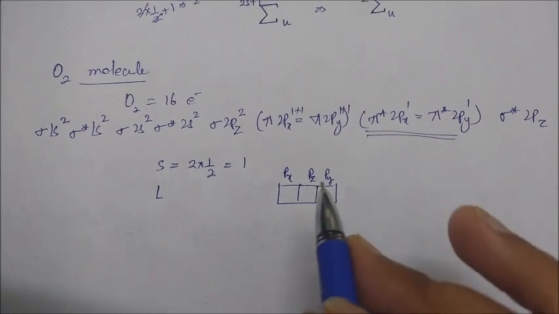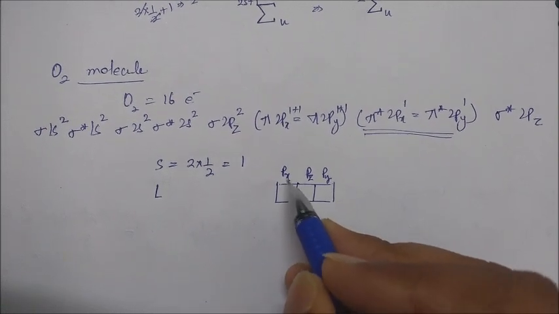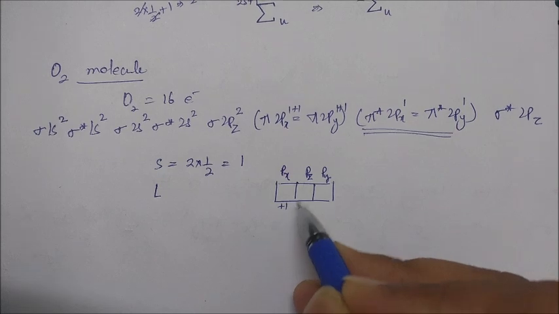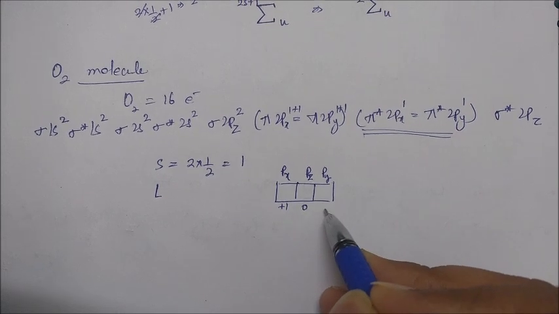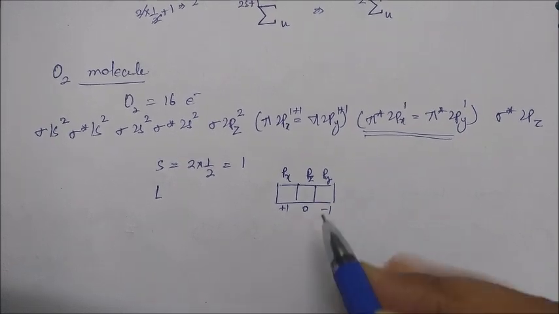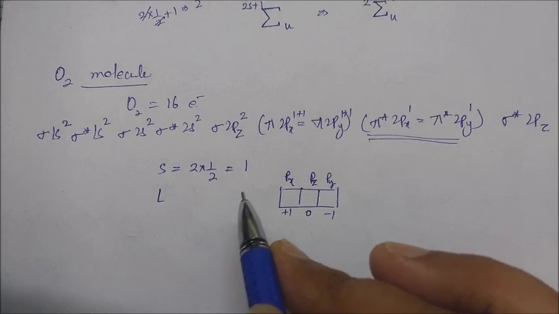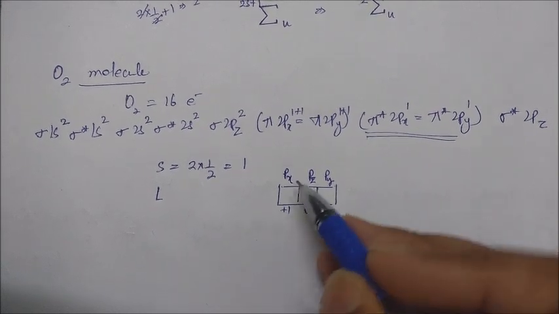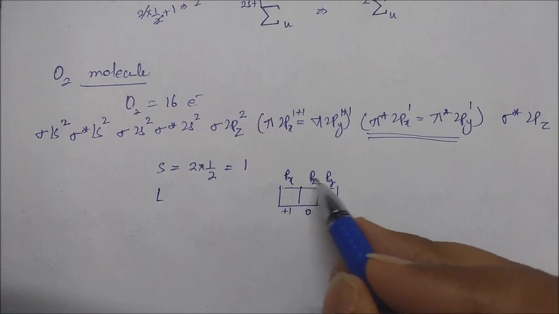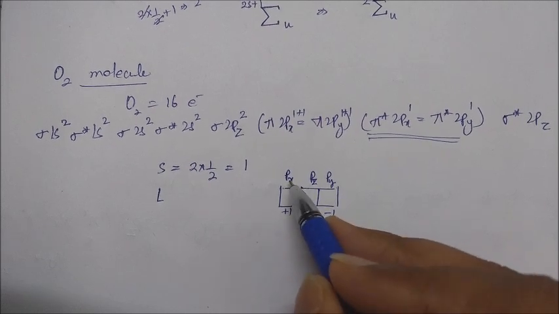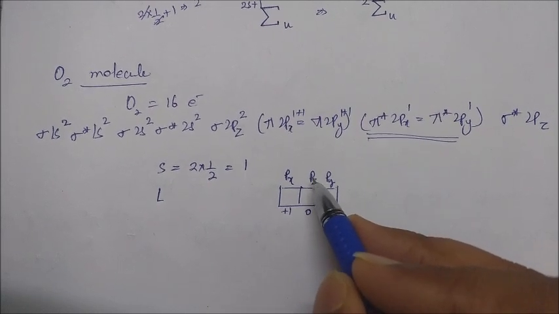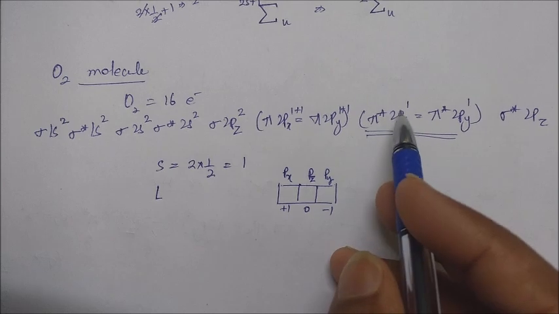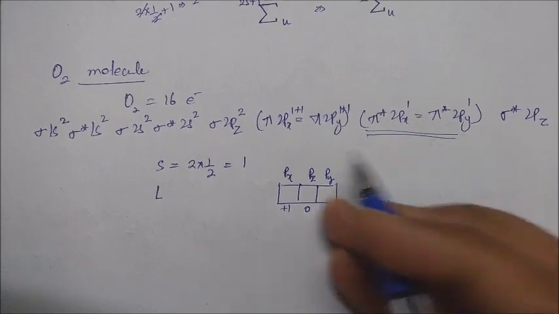For px we have the value plus 1, for pz we have 0, and for py we have minus 1. You know this from the atomic term symbol also, but here you have to be careful about how to assign px, py and pz. Px here, py here, and then pz here. The 2 electrons are in px and py.